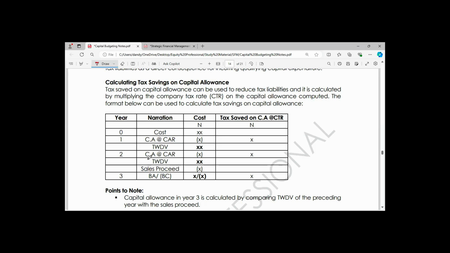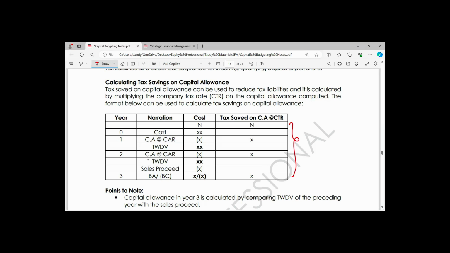The thing you want to use depends on whether you want to use capital allowance to reduce your tax liability, or you want to use tax saved on capital allowance to reduce your tax liability.